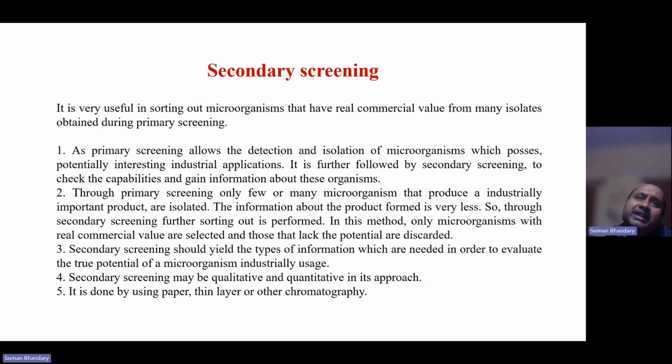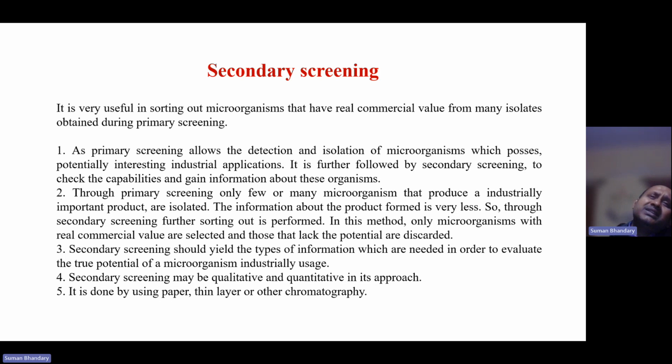And secondary screening allows the further sorting of those microorganisms that have real value of industrial importance and discarding valueless microorganisms.